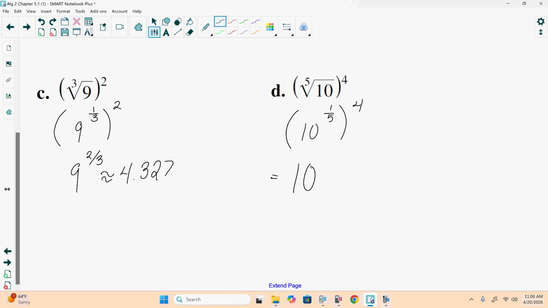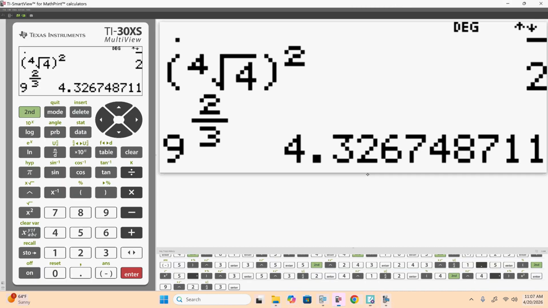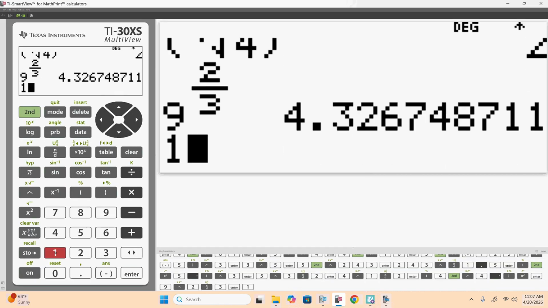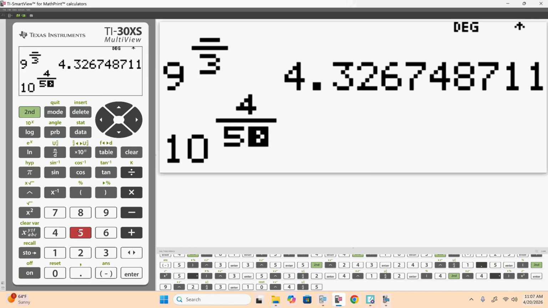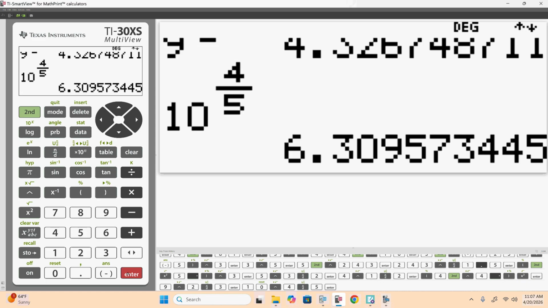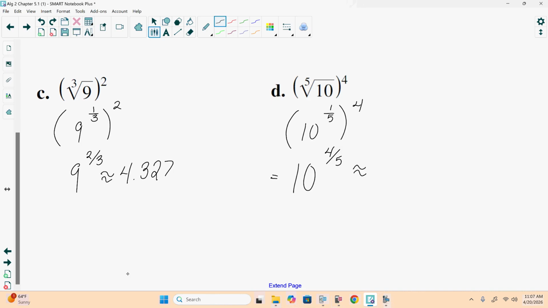So 1/5 times 4 would be 4/5. Do we think this will be bigger than 1 or bigger than 10 or smaller than 10? Probably smaller. 6.3095, 6.310.